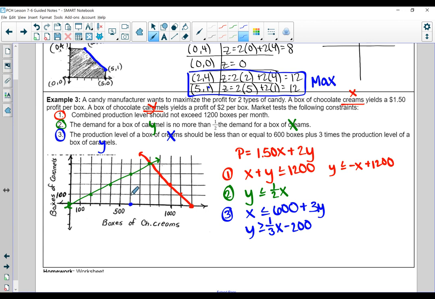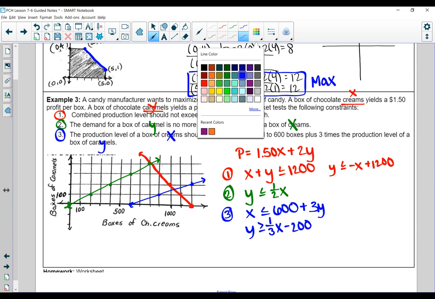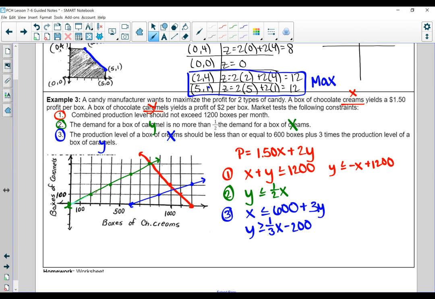All right, so up 1 over 3. And y is greater than. So what is my actual area that I'm going to be shading and actually care about is here. So I'm going to do this in this teal. So here is my actual area.